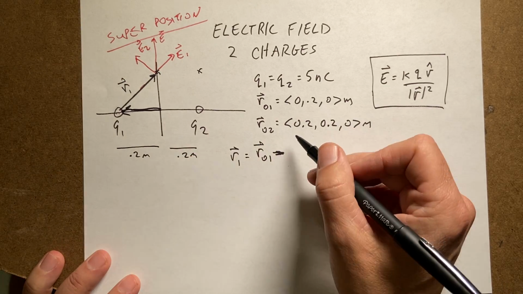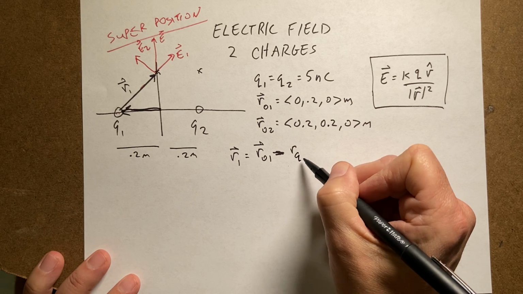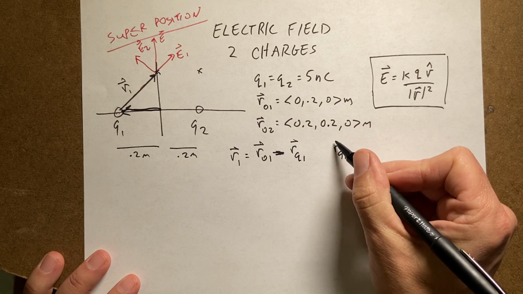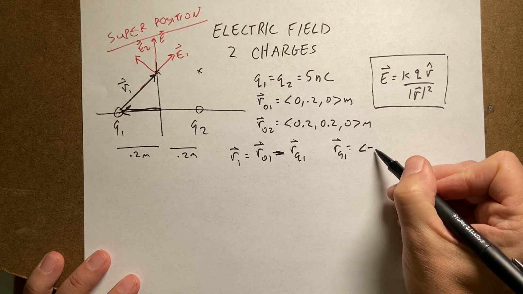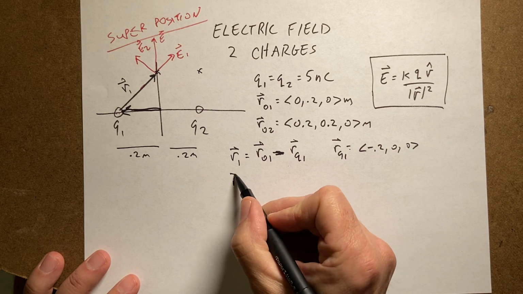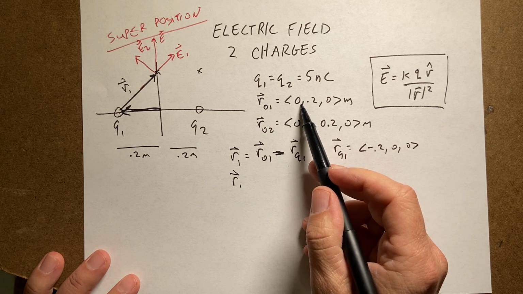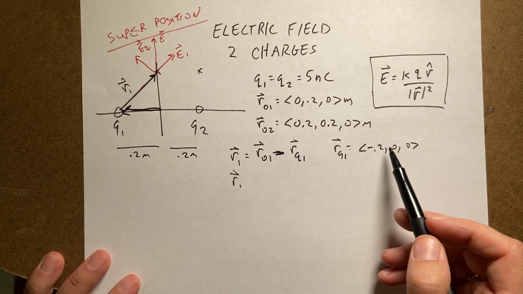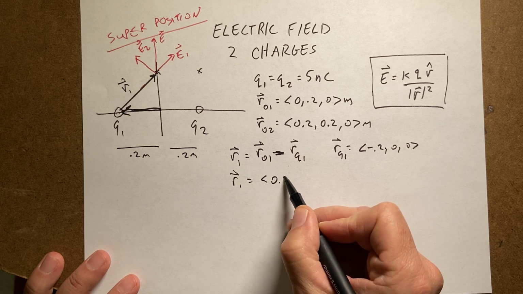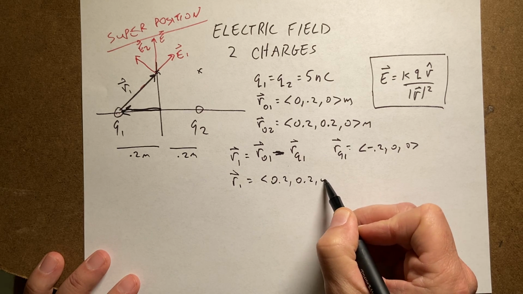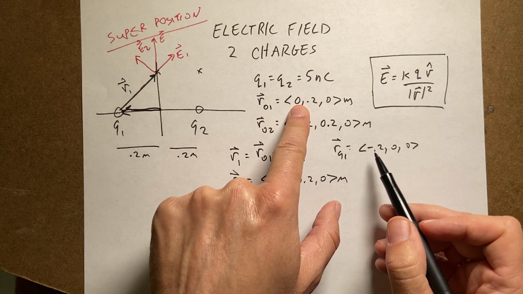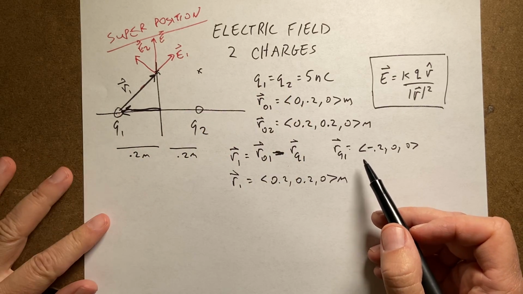So I have R01, and RQ1 is just going to be equal to negative 0.200 meters. So R1 is going to be this minus this, so it's going to be 0.20 meters. And that one you can do in your head, right? Because I have this minus negative 0.2 gives me 0.2.